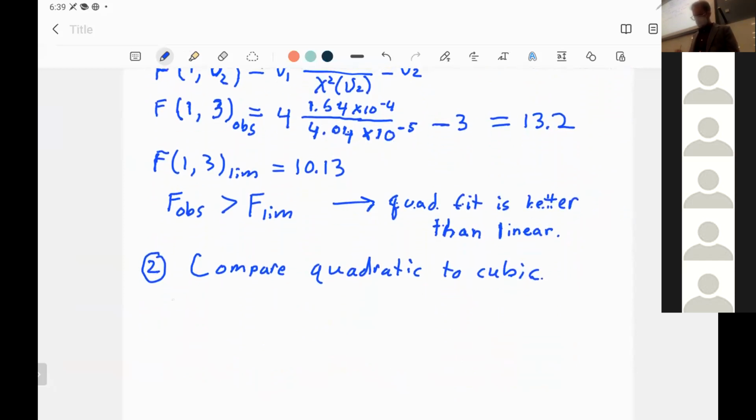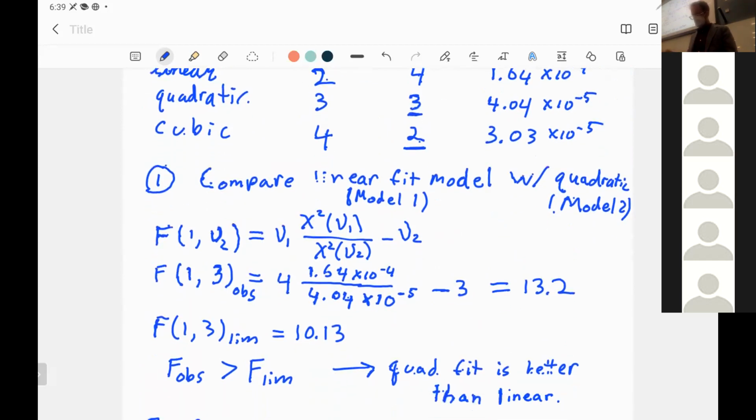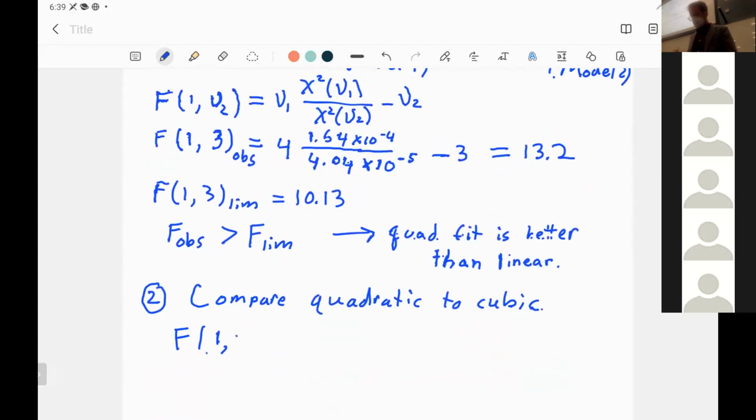In this case, the fit model with the greater number of parameters had 2 degrees of freedom. So we want F of 1, 2.